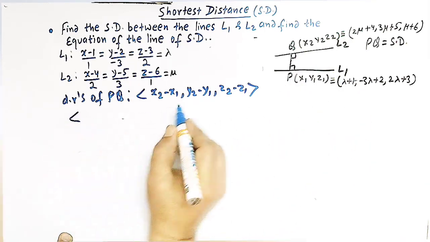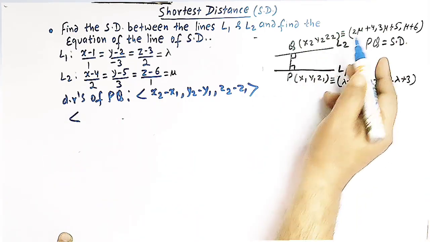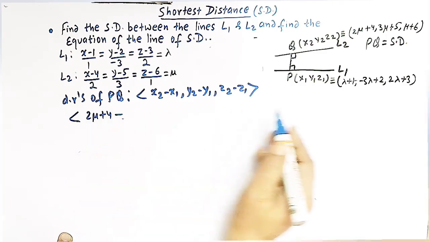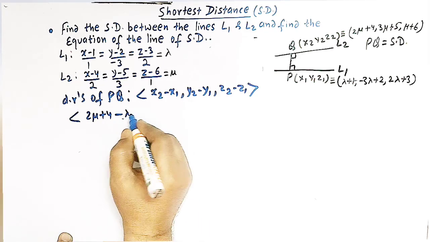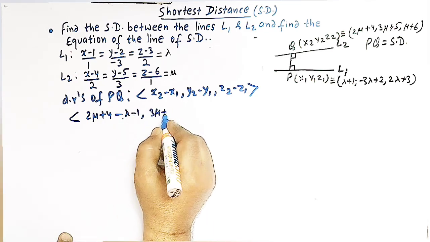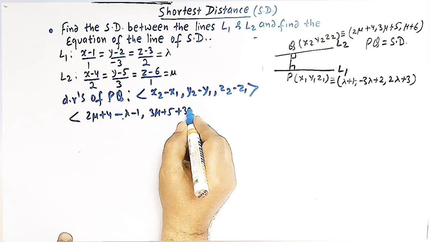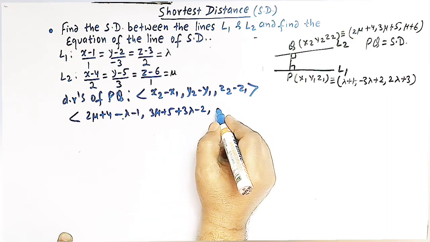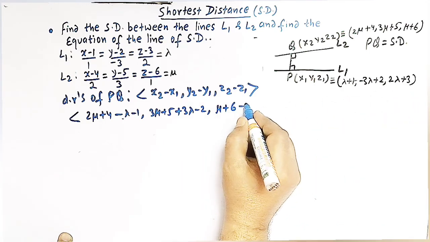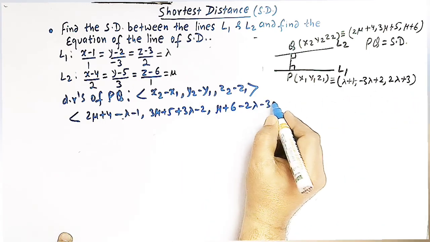So from here we have now x2 is 2 mu plus 4. Then we have minus x1, so we have minus lambda minus 1. Then we have 3 mu plus 5 plus 3 lambda minus 2, and then we have mu plus 6 minus 2 lambda minus 3.